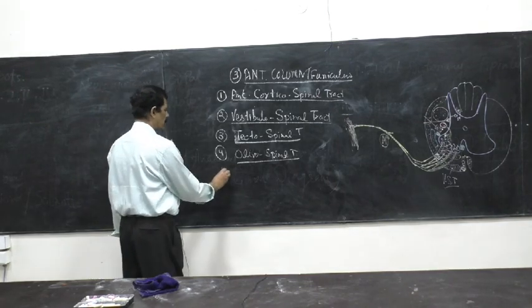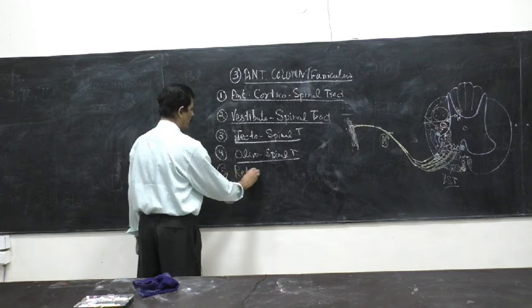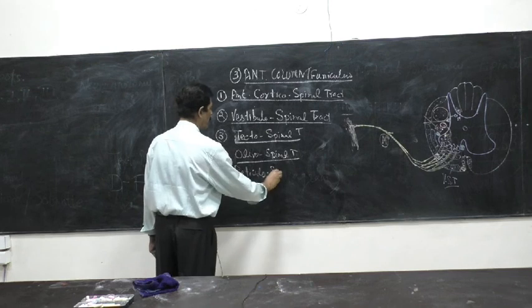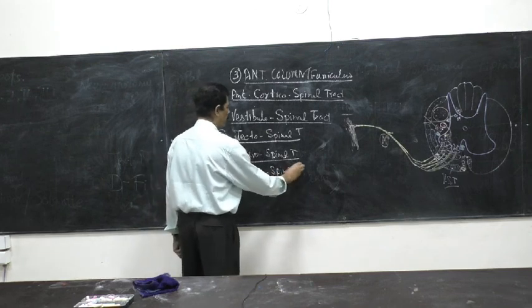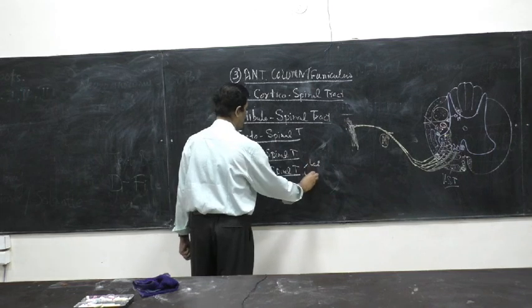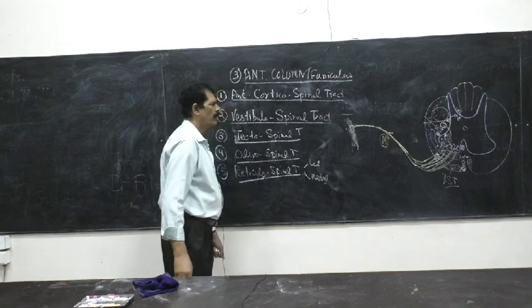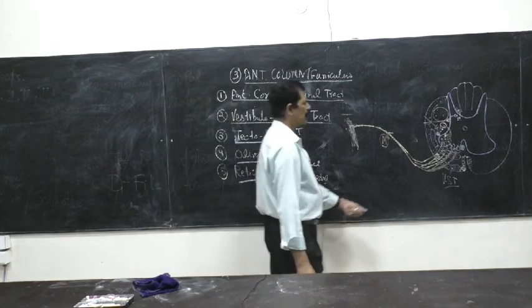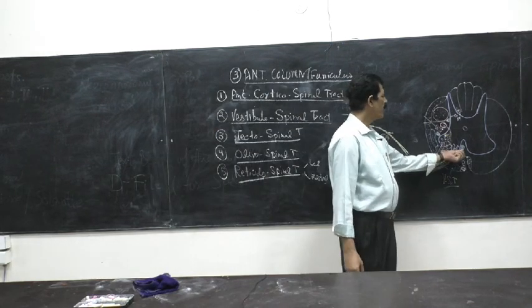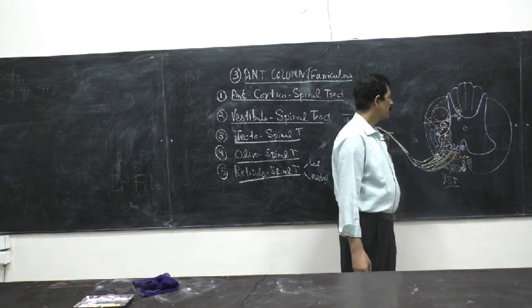Another tract is the reticulospinal tract. It has 2 parts, lateral and medial. The medial is present near the ventral horn of the spinal cord.